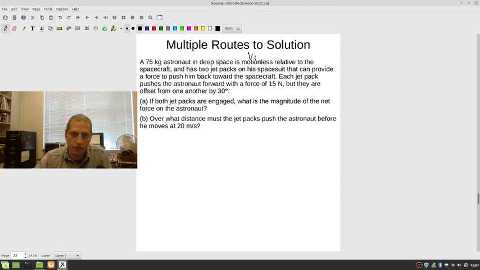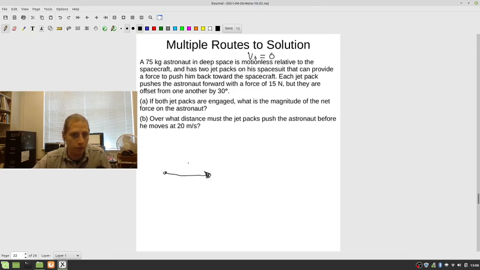Okay, so V naught equals 0 relative to the spacecraft, and has 2 jet packs on his spacesuit that can provide a force to push him back toward the spacecraft. Each jet pack pushes the astronaut forward with a force of 15 newtons, but they are offset from one another by 30 degrees. Okay, so here's the story.